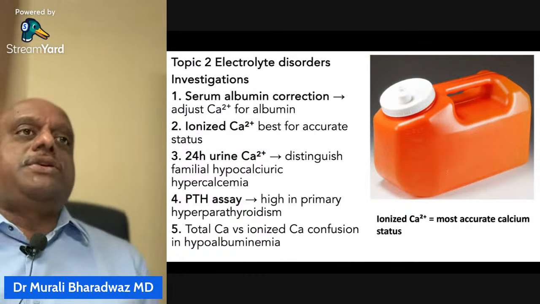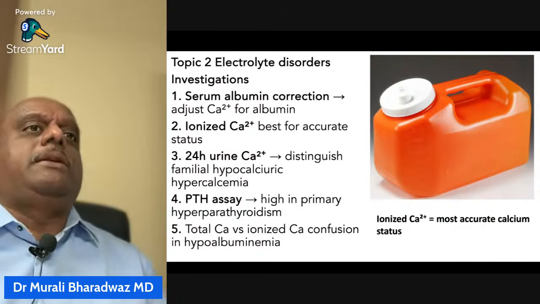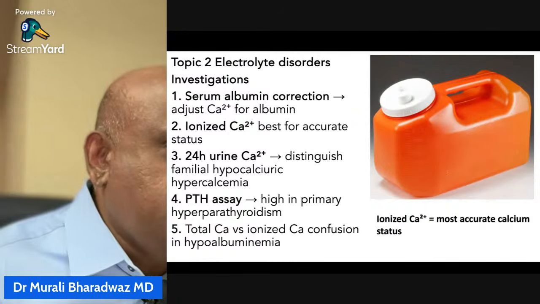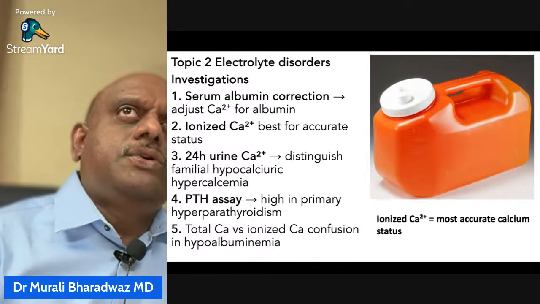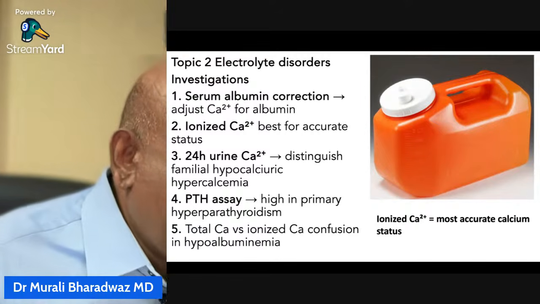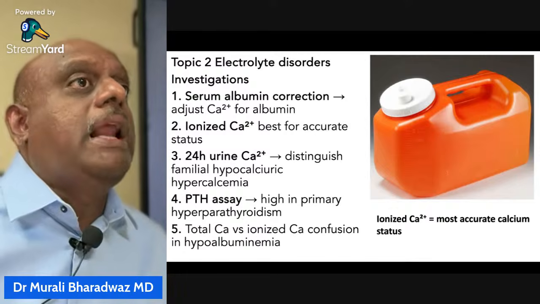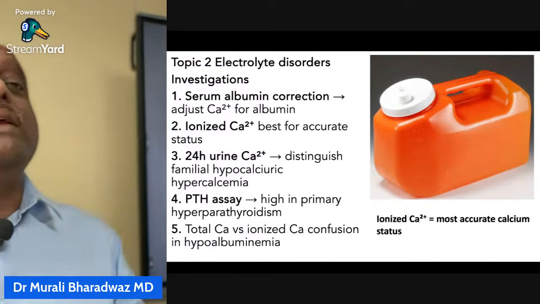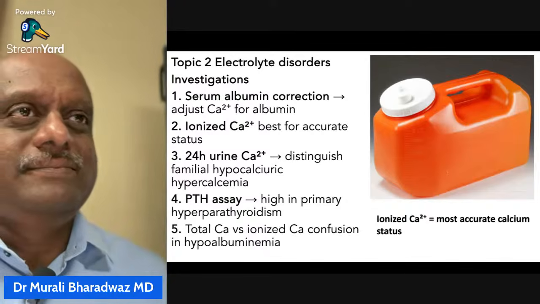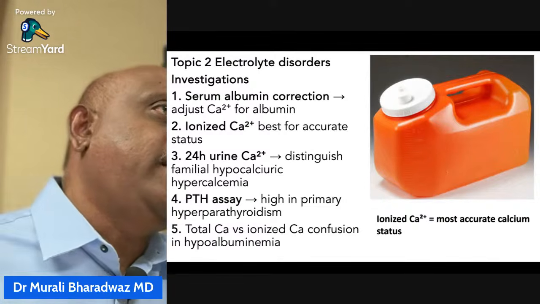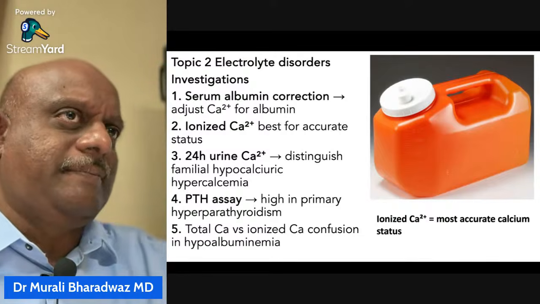Now always, calcium is bound to the albumin. Calcium is positively charged, and there are anionic charges on the albumin. So whenever you are interpreting the serum calcium levels, compare with albumin levels. Suppose somebody is having nephrotic syndrome. His albumin is low. That will affect your calcium level estimation.